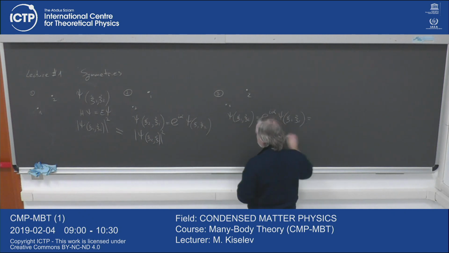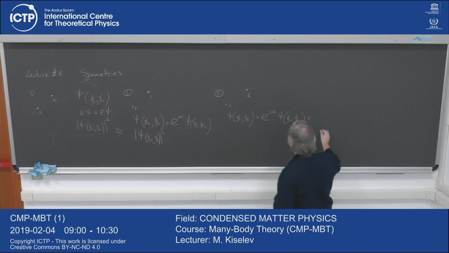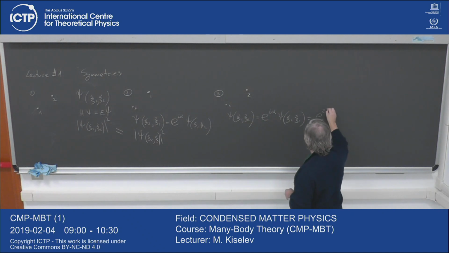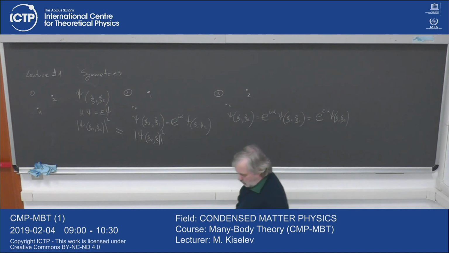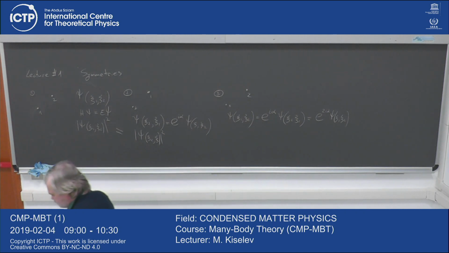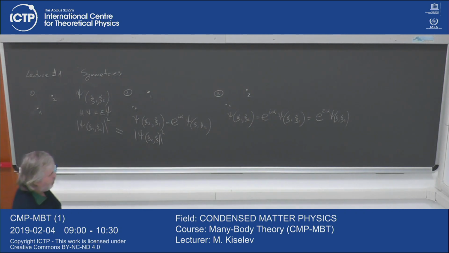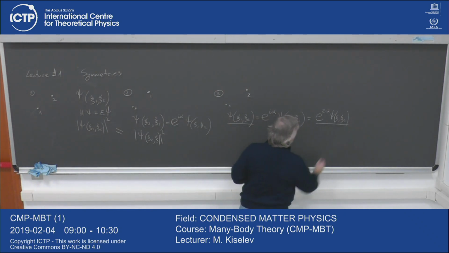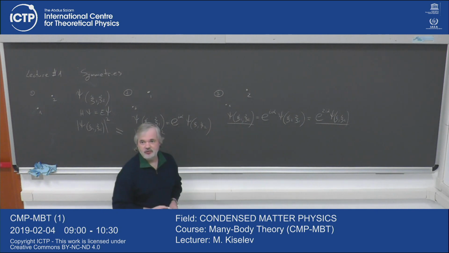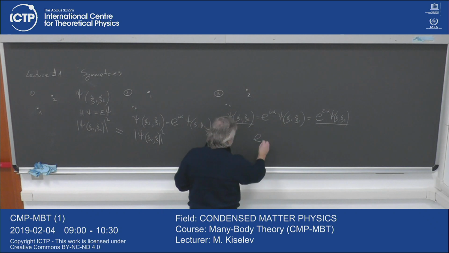And at the same time, if we use this equation, this is e to the power 2i alpha times psi(ξ1, ξ2). So, as a result of two interchanges of these two particles, we actually arrived at a very important equation. If we compare the left-hand side and right-hand side of this equation, we conclude that e to the power 2i alpha is equal to 1.